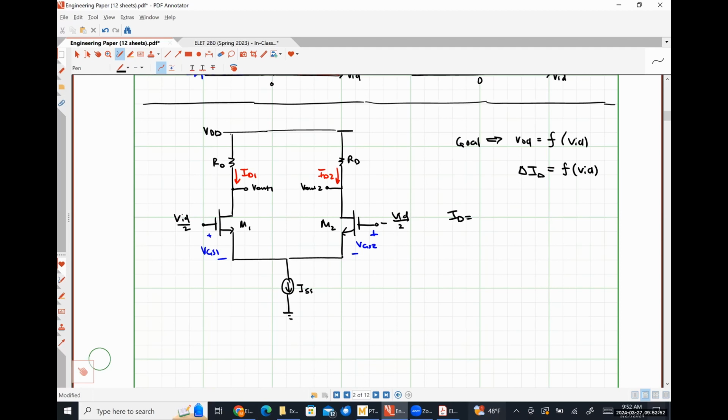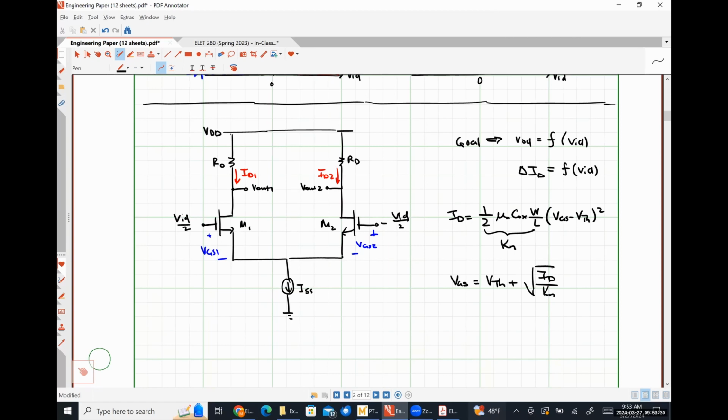Our drain current for our MOSFETs is 1/2 mu n Cox W over L times VGS minus VTH squared. If we call this thing right here K sub n, and we rearrange, and I think I showed you guys this relationship recently, we could rearrange this to find that VGS could be written as VTH plus the square root of our drain current over Kn.